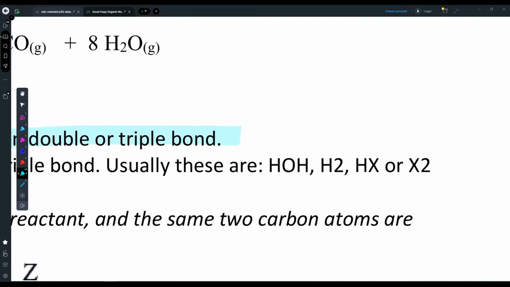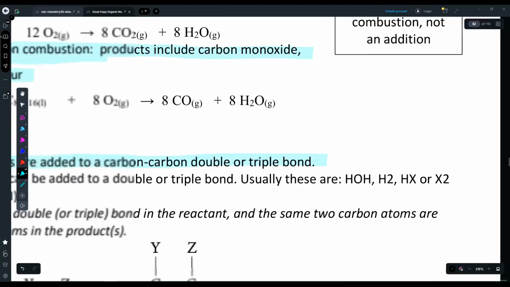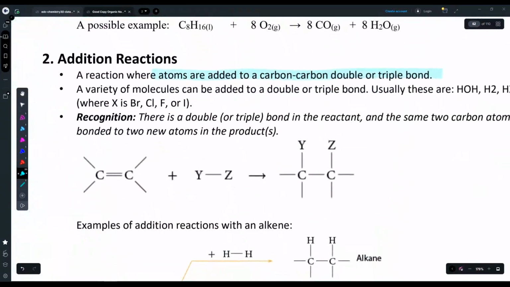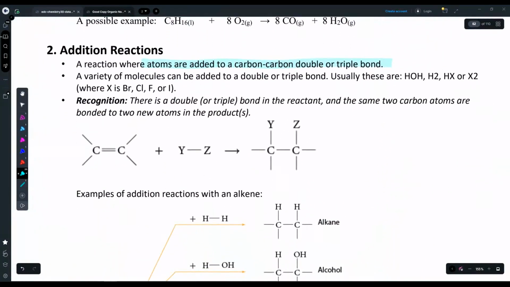X2 just means some halogen, so fluorine, bromine, iodine, and so on. The key part to being able to identify when something is an addition reaction is that one of your reactants is going to be a hydrocarbon with a double or triple bond, and the same 2 carbon atoms are bonded to 2 new atoms in the product.